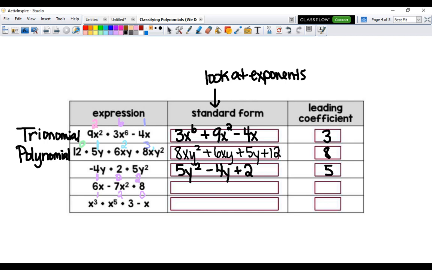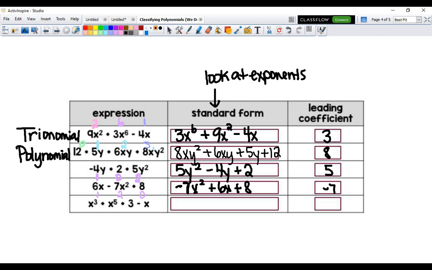A degree of 2, that means that term will come first. Pay attention to the negative that is in front of it because that is part of the term. So negative 7x squared plus 6x plus 8, and my Beyonce is negative 7.